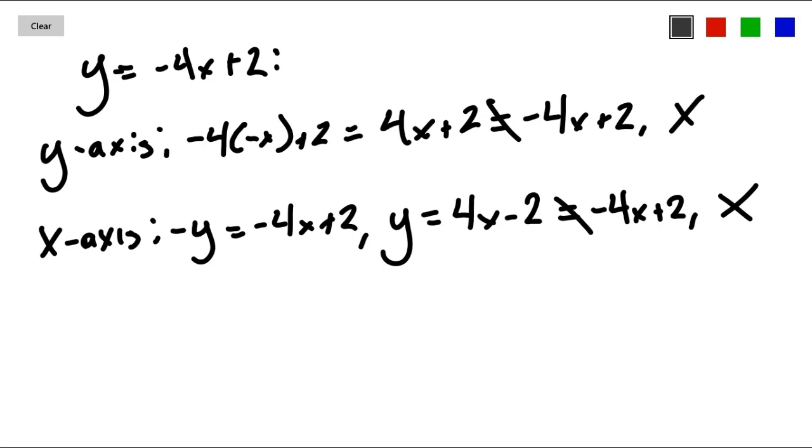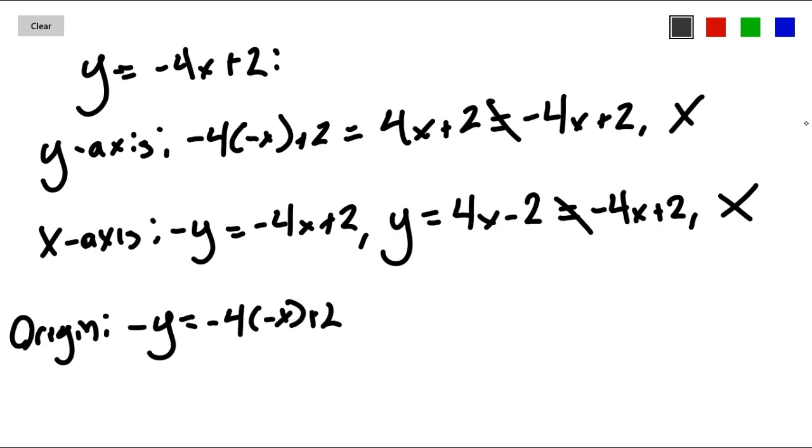And as for the origin, I switch the signs of both x and y and see if I get the original function back. So I'm going to have negative y is equal to negative 4 times negative x plus 2. So I have negative y is equal to 4x plus 2.